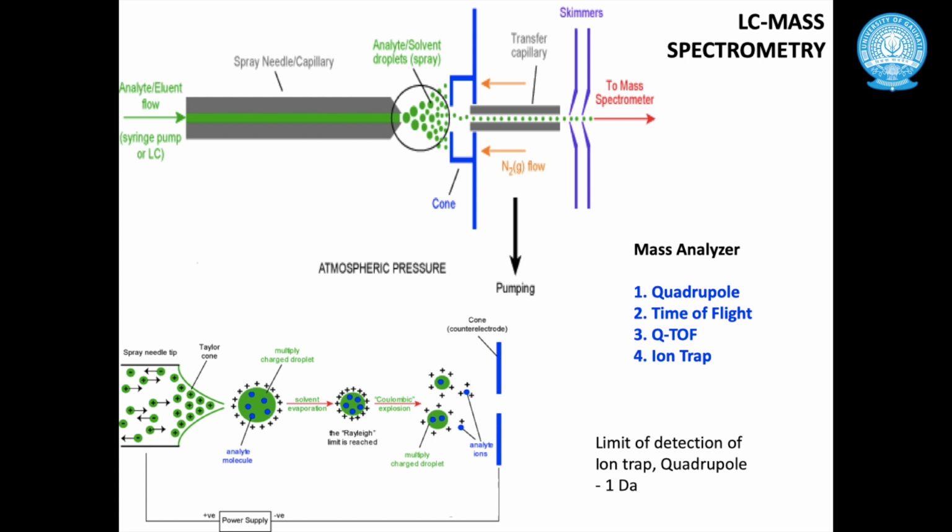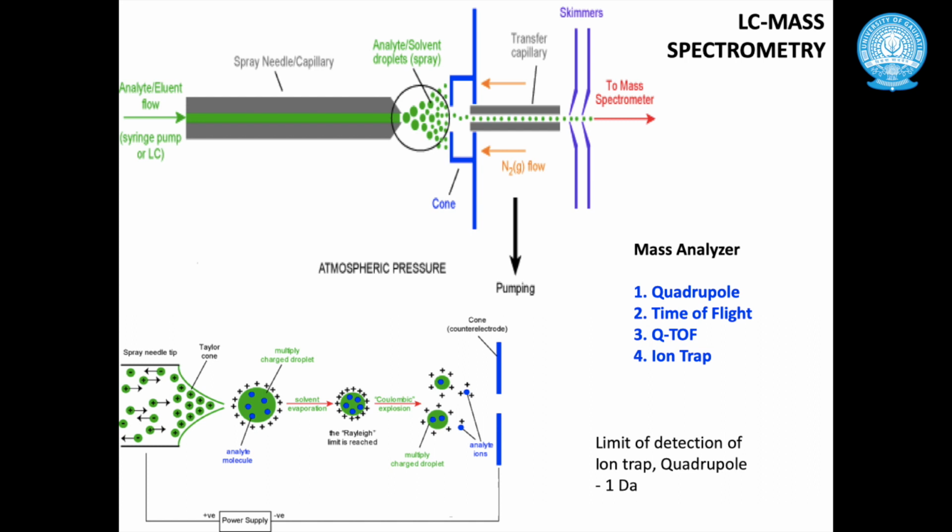When we couple the mass spectrometry with an HPLC, from whatever mobile phase eluate we get from the HPLC, around 20% enters the mass spectrometry chamber. On this slide, what you see is a pictorial representation of the working mechanism of a mass spectrometry that is coupled with an HPLC.